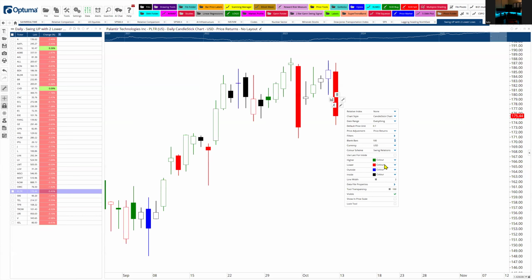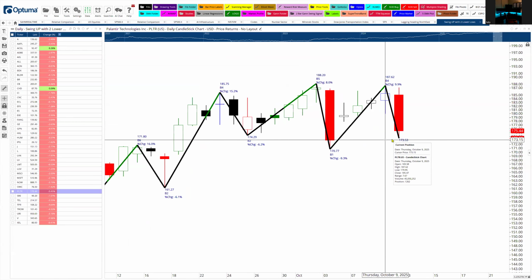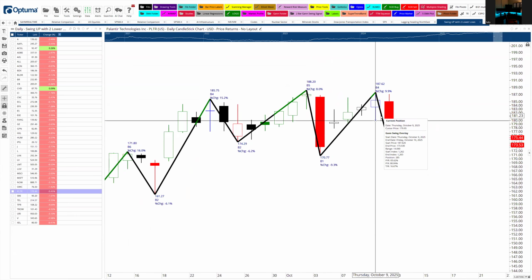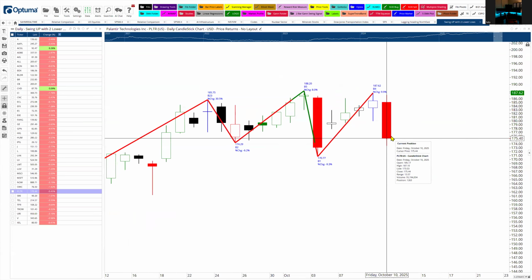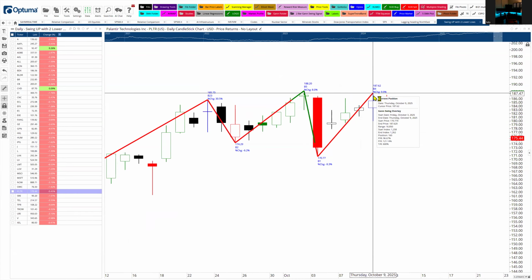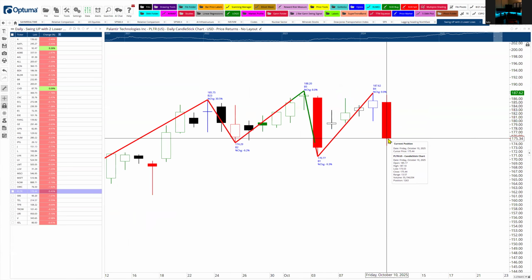Obviously, the bigger the time frame is, the less noise. Do a 3 bar. You see? Now Palantir has the outside bar. That's one lower bar yesterday, right?